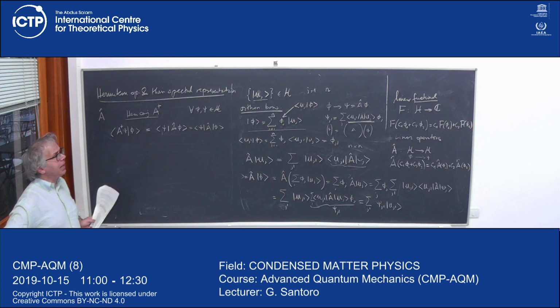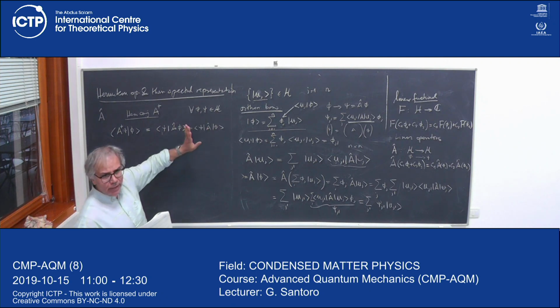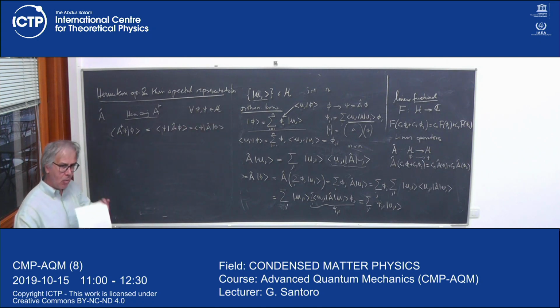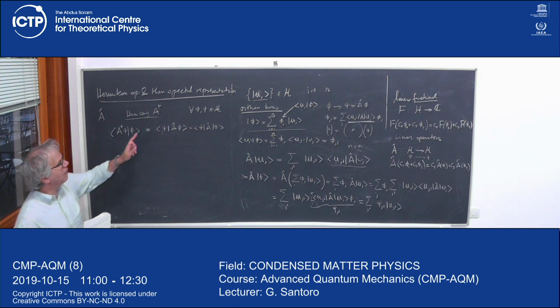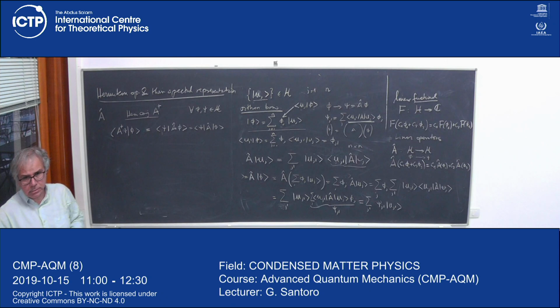I'm not discussing eigenvalues of A yet. This has nothing to do with the eigenvalues of A. Obviously, these are not eigenvectors of A. They are any vectors in the Hilbert space, so forget about the eigenvalues. They might not be eigenvectors of A. In fact, I have not even discussed if A has eigenvectors or not.